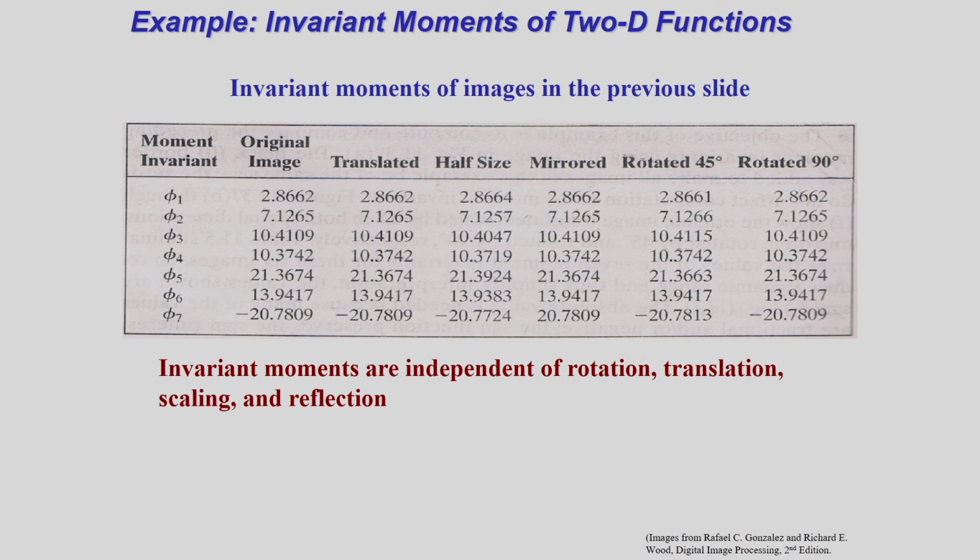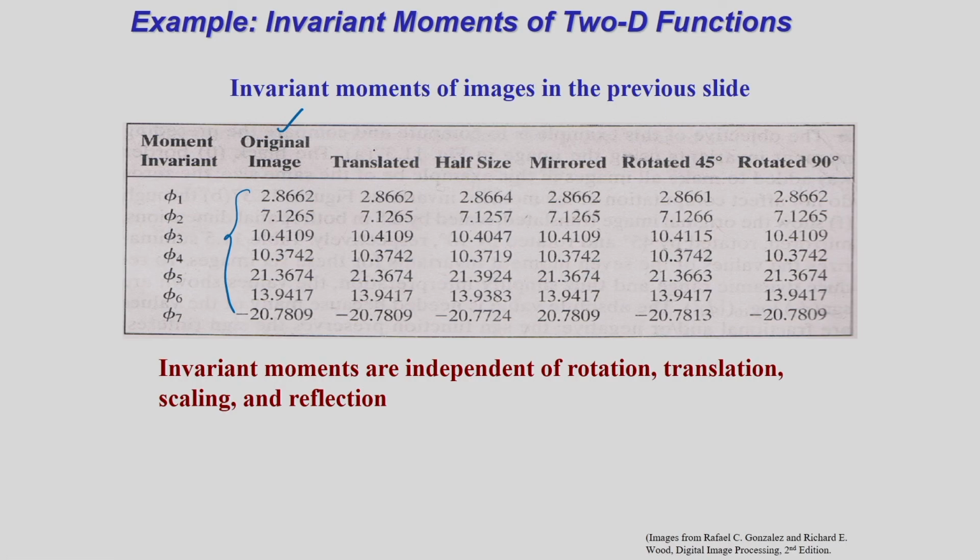These are the 7 moment invariants, phi 1, phi 2, phi 3, phi 4, phi 5, phi 6, phi 7 that I can determine. This is my original image, and corresponding to the original image I have these values for phi 1 up to phi 7.